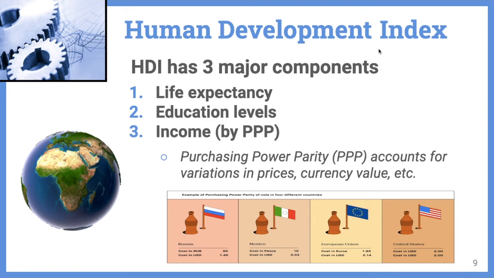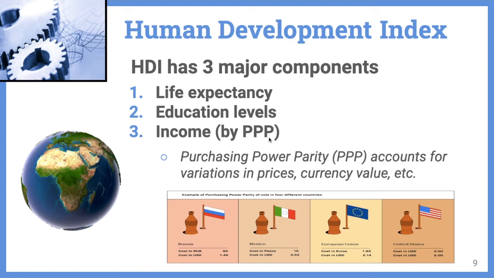With the Human Development Index, this consists of 3 of those indicators, 3 components. And again, there are so many we could take into account, right? So take this with a grain of salt, because this is just one index, taking into account only 3 different factors. Those different factors are life expectancy, education levels, and income by purchasing power parity.